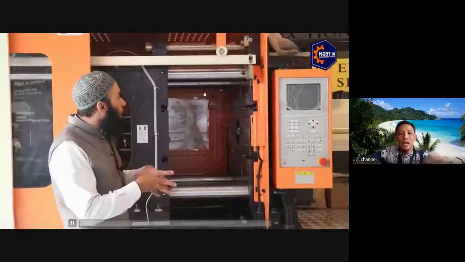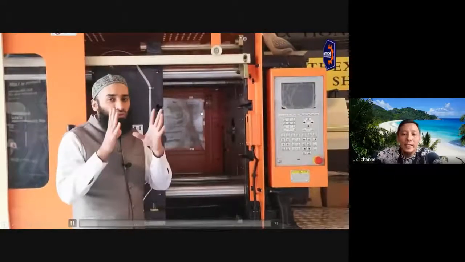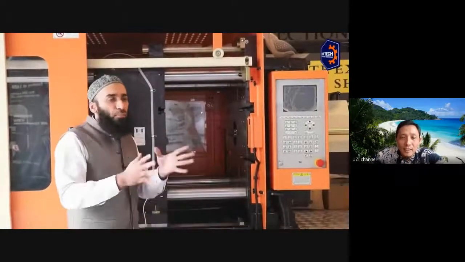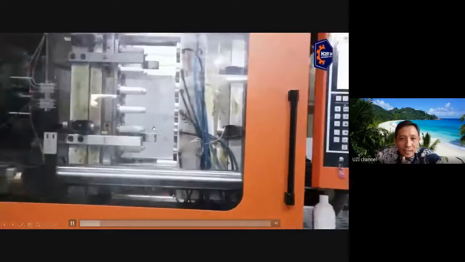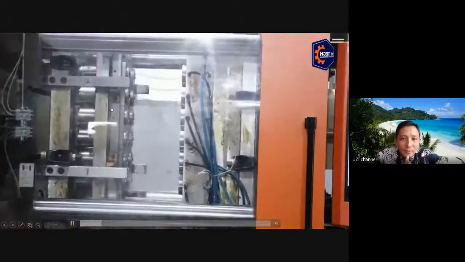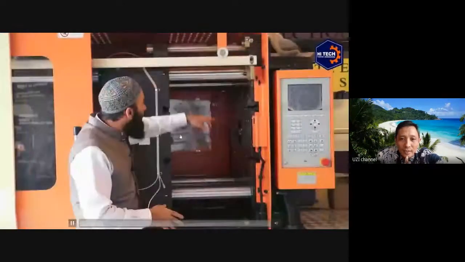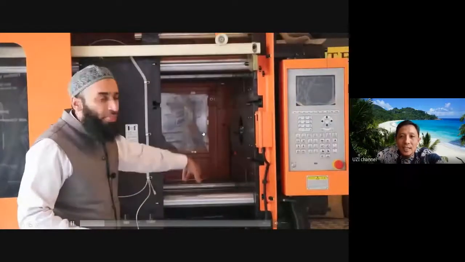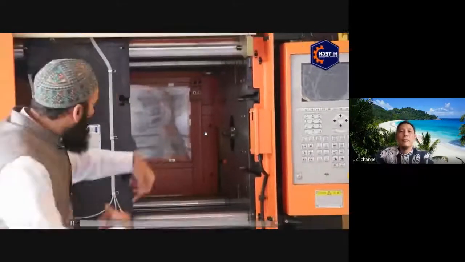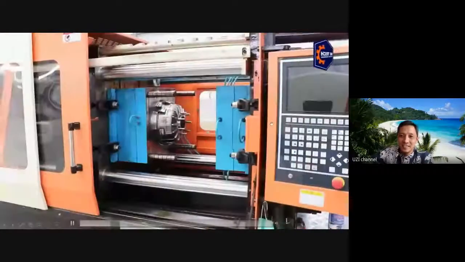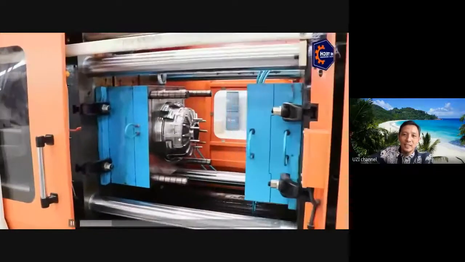This is the room of molding that usually makes the polymer molded inside this. This is the molding.